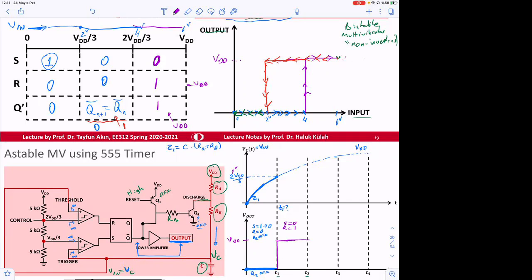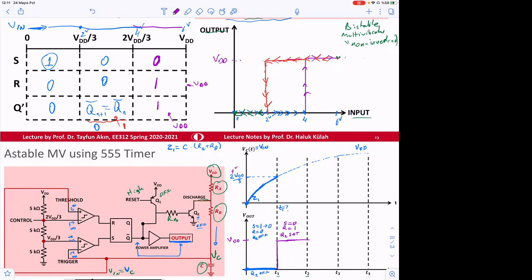Okay. So what about the transistor Q2? If output is VDD, then Q bar is VDD. So Q2 becomes, since we selected that RB small value, it goes to saturation, because a lot of current is coming here.